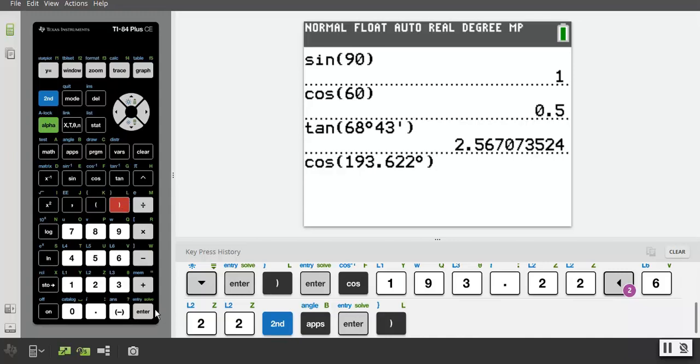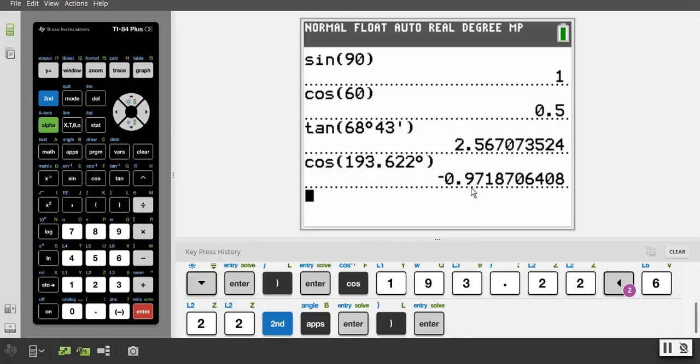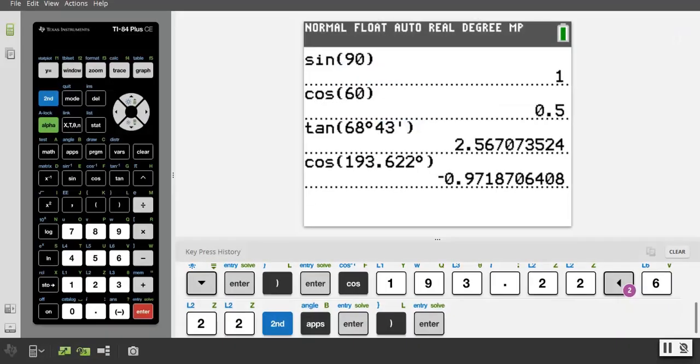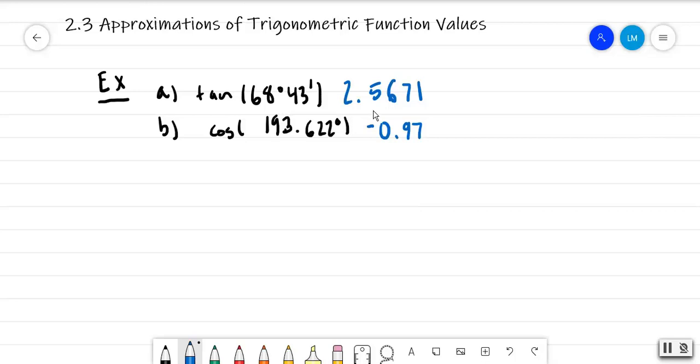But we're just going to do it like this. If we hit enter, it gives us this negative value, but that makes sense because 193 is in the third quadrant. So we'll do negative 0.9719.